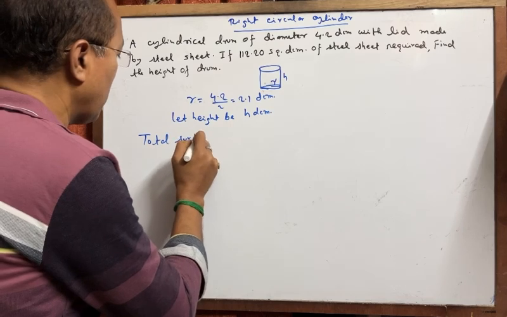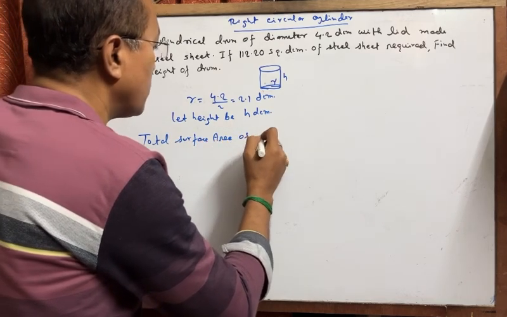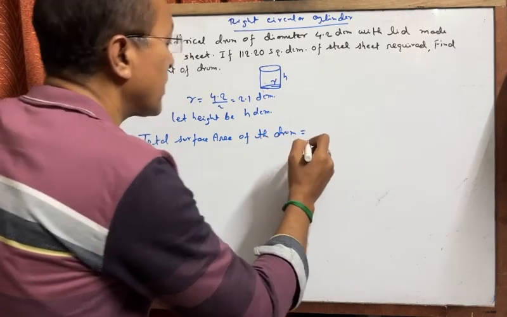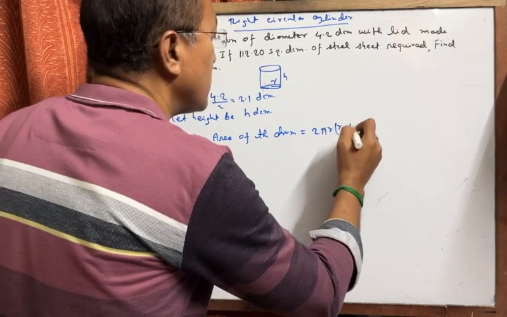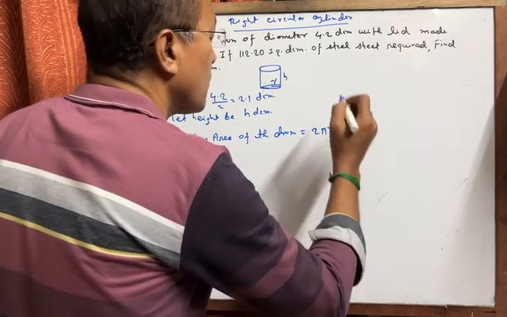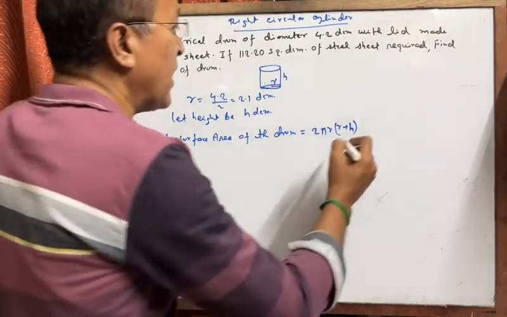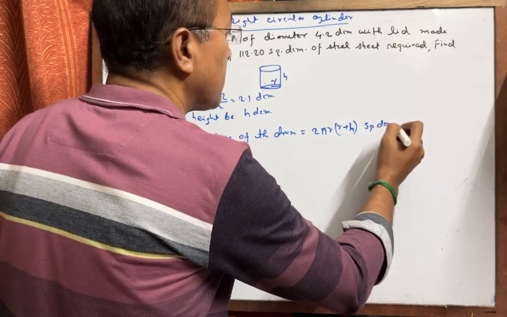Total surface area of the drum is equal to 2 pi r (r plus h), and here it is in square decimeter, right?